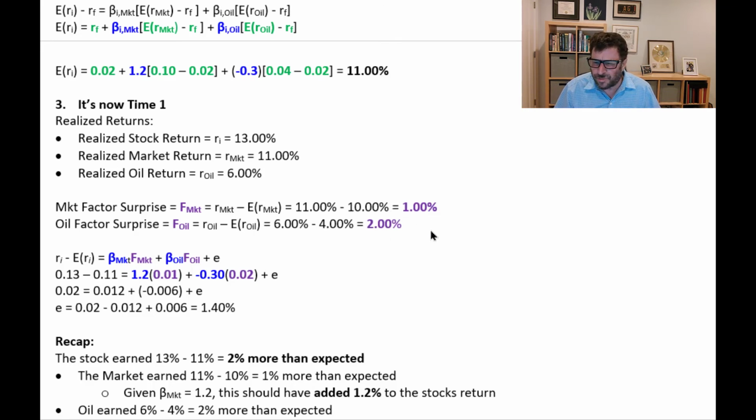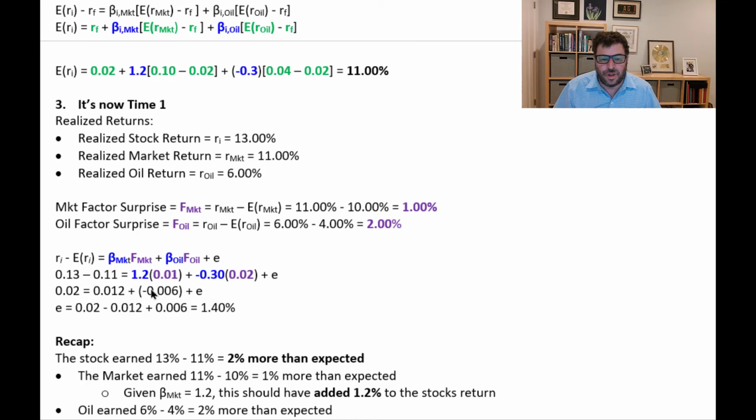Now, what does a 1% surprise do for this stock? Well, the stock has a market beta of 1.2, and so this is going to be 1.2 times this 1%, I'm going to get 1.2%. And I can see for oil, a 2% surprise times a negative 0.3 beta is going to be a negative 0.6% surprise.